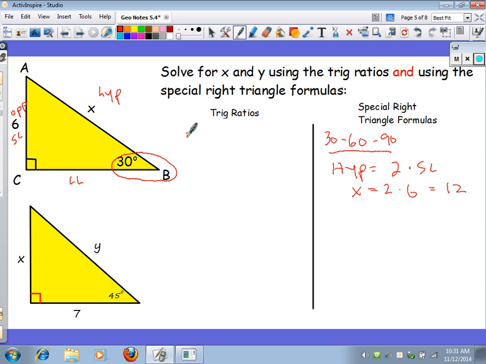So the sine of 30. Sine of 30 equals the 6 over the x. The opposite side over the hypotenuse. SOH. How could I solve that for x?